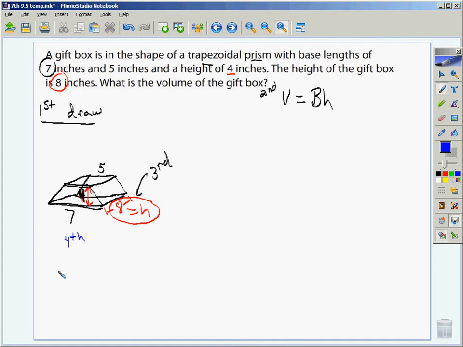The fourth thing I'm going to do is separate out that base shape, which was a trapezoid. This was 7. This was 5. And the distance between here and here was 4.